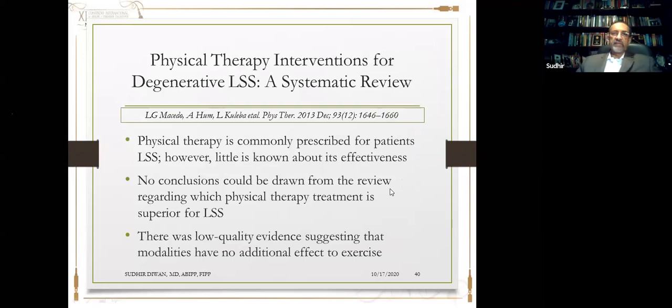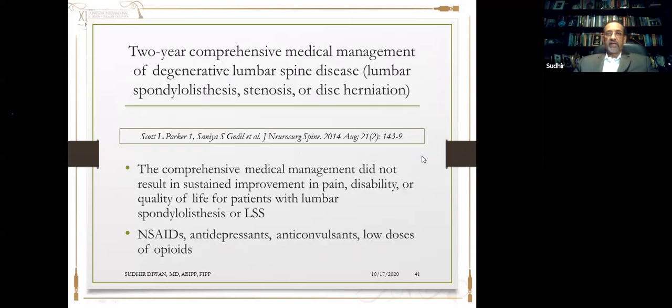The systematic review of physical therapy says the same thing: physical therapy is commonly prescribed for patients with stenosis. However, we don't know which therapy is more effective. Any kind of physical therapy is important, even a simple exercise program. If you don't do anything, that's not good because your muscles decondition, and deconditioned muscles are more painful.